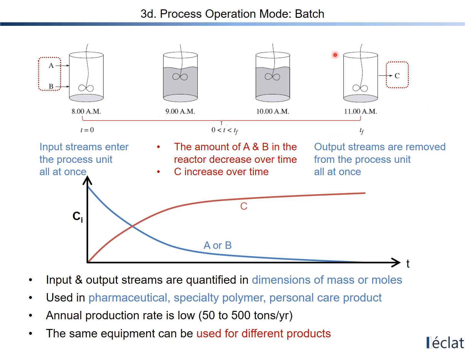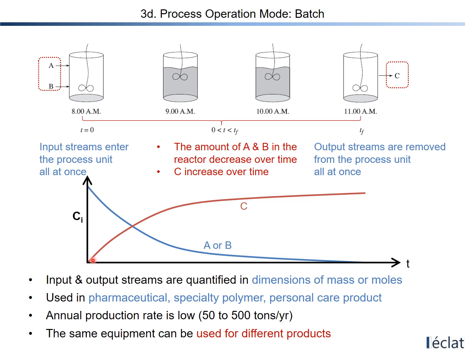So let me check the concentration profiles along time. At time equal to 0, we have some concentration of A and B, maybe 1 mole of A and 1 mole of B. This value would be the maximum because they will be consumed over time.